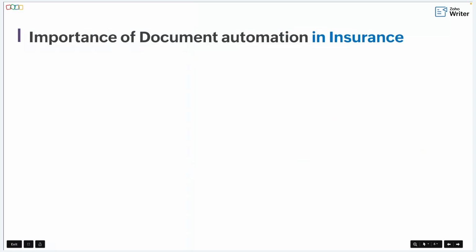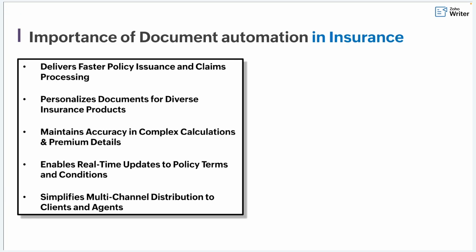So, why is document automation such a big deal here? Well, Jennifer, it's simple. In insurance, speed and accuracy are everything. With automation, policies can be issued and claims processed much faster, which means clients aren't left waiting. It also allows us to easily tailor documents to suit different products, whether it's health, motor, or even life insurance.